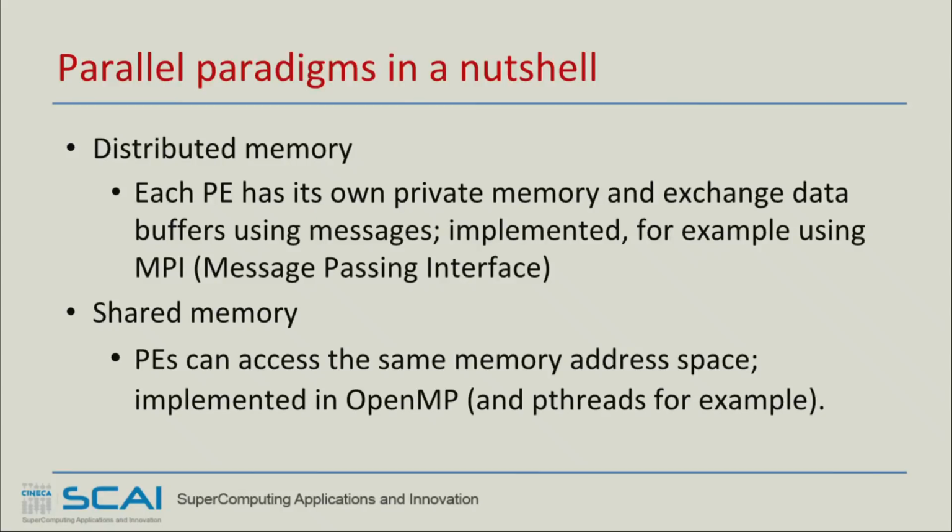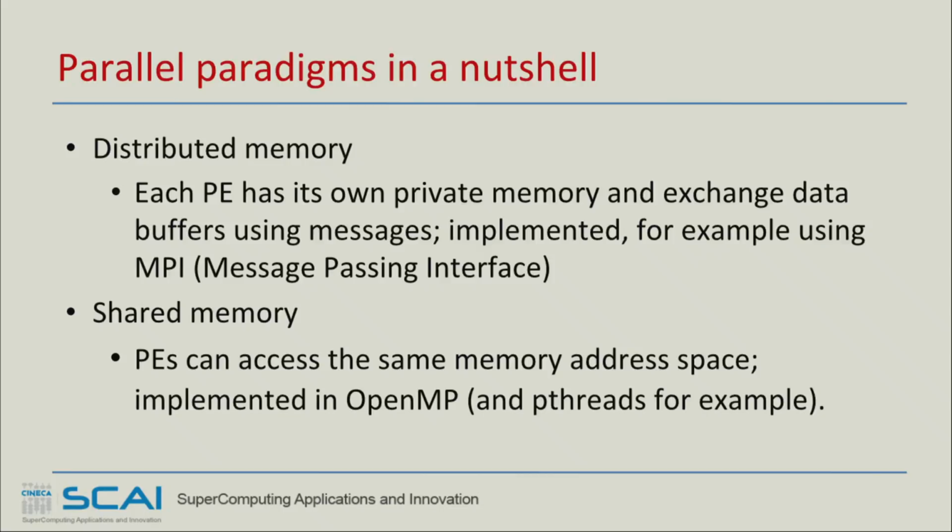The recap. Parallel paradigms in a nutshell. Distributed memory. Each process has its own private memory. Exchange buffers, data buffers, using messages. This is implemented, for example, using MPI, so the message passing interface. Shared memory.